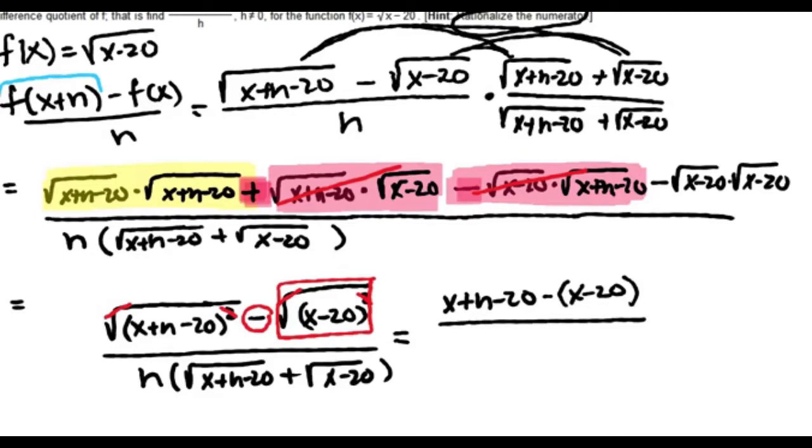And once again, we're leaving the denominator the same in factored form. And you'll see in just a moment why we did that. So we have h times square root of x plus h minus 20 plus square root of x minus 20.